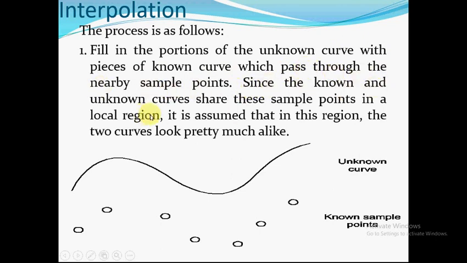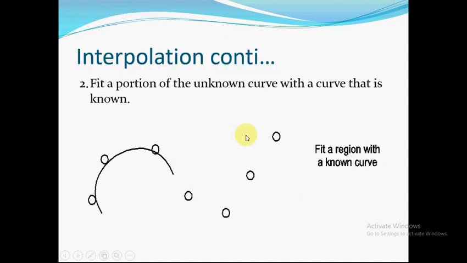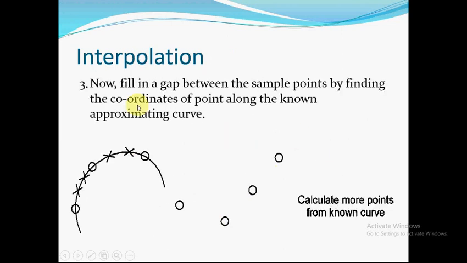Since the known and unknown curves share the sample points in a local region, it is assumed that in this region the two curves look pretty much alike. Interpolation fits the portions of the unknown curve with the known curve. Fit the region with the curve and fill the gap between the sample points.